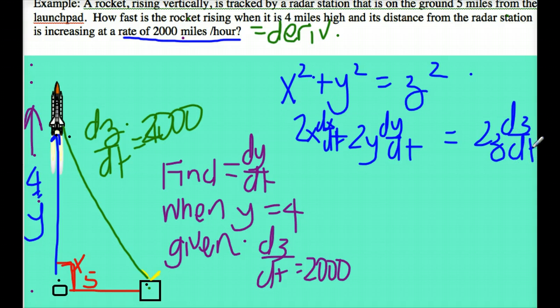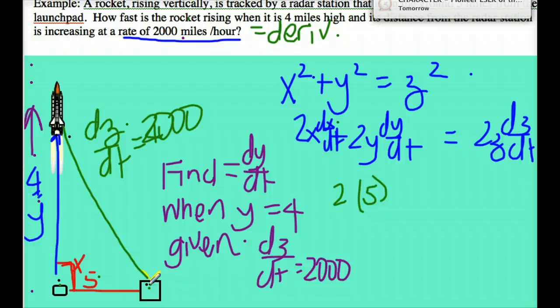So let's plug everything in and see if we're missing anything. I'm going to get 2 times my x, which is 5. Now I have a dx/dt. Well, is this launch pad moving away from this radar station? No, since it's set and at rest, I know that's equal to 0.